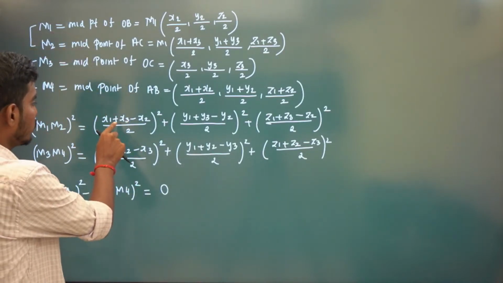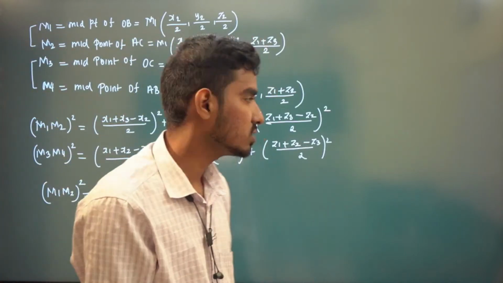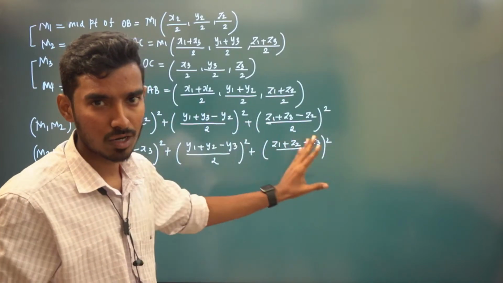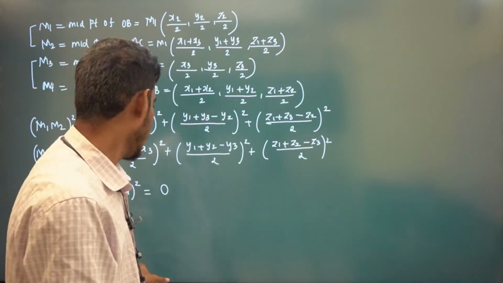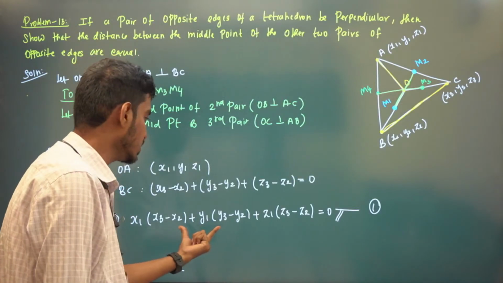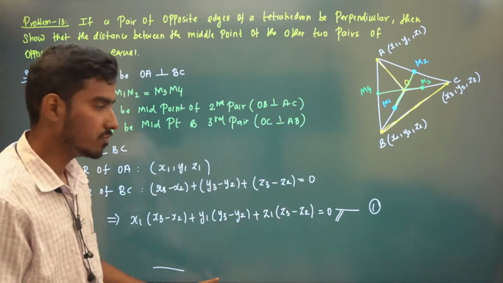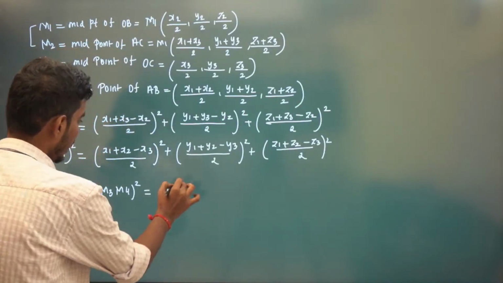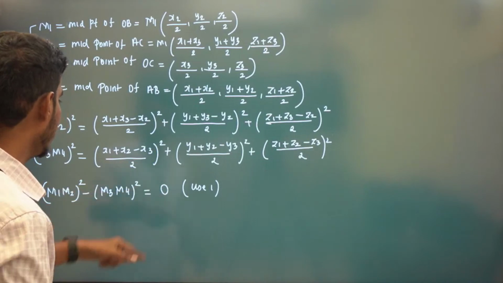So just make use of the formula a square plus b square plus c square plus 2ab plus 2bc plus 2ca. So you will have 6 terms. You apply the formula for all 6 terms, and you see some of them will get cancelled. You will remain at this stage, and you can put this term equal to 0, because we know OA is perpendicular to BC. Using equation 1, this term is 0.